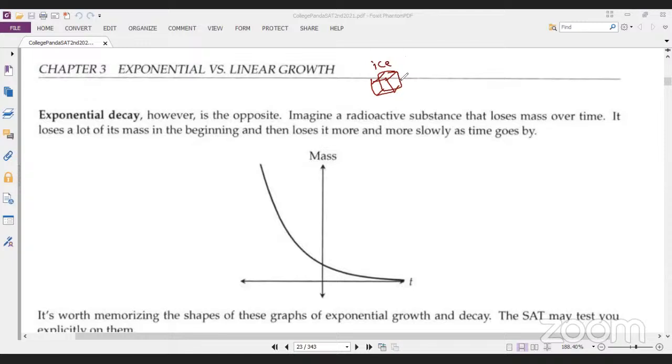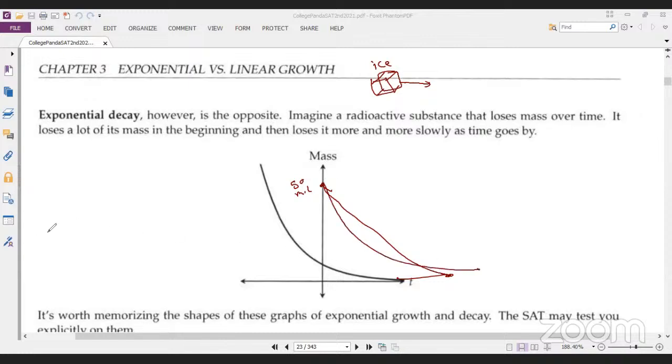So as time passes, the ice cube will decrease, will decay. We can put it on a balance and get the weight, the mass, say from 50 milliliters, that is half a liter, until it reaches 0 volume. So the melting will decrease in this form.